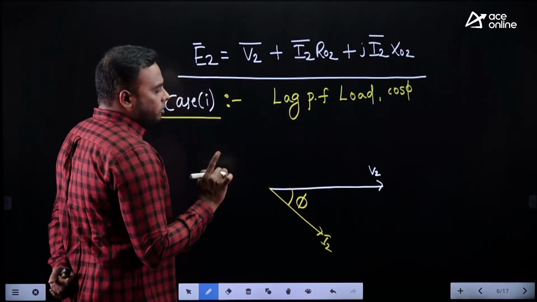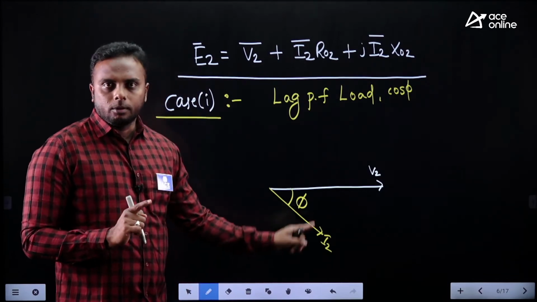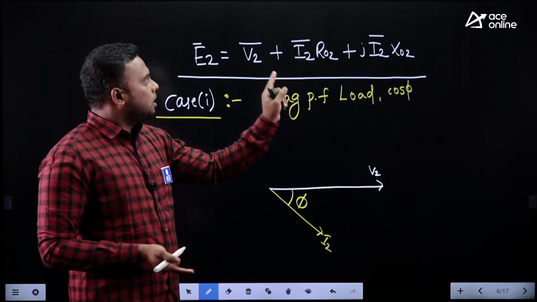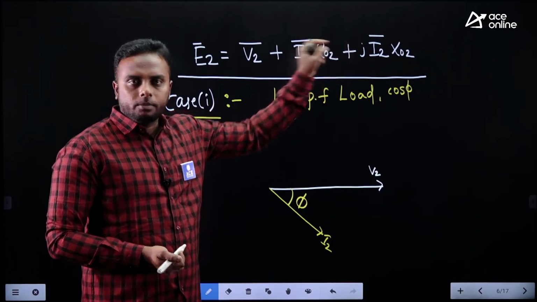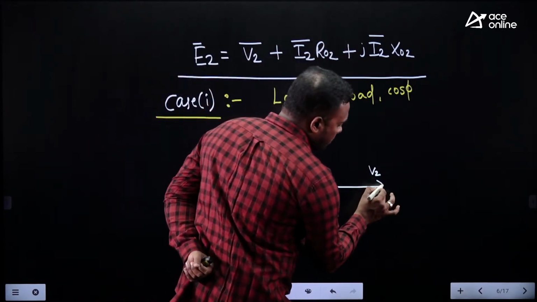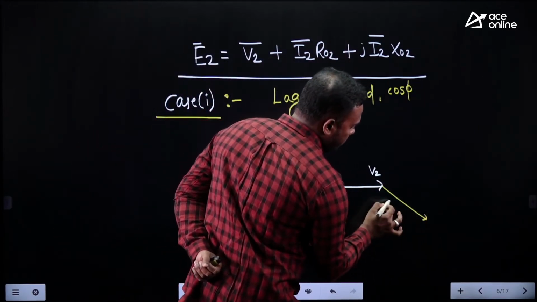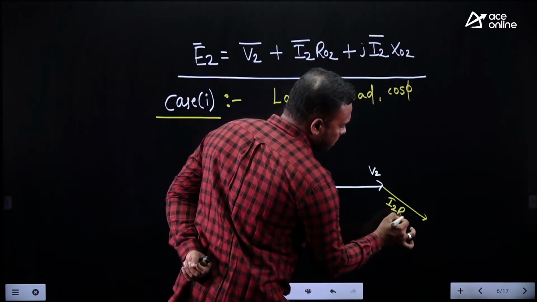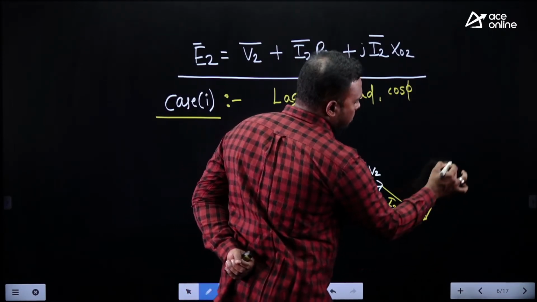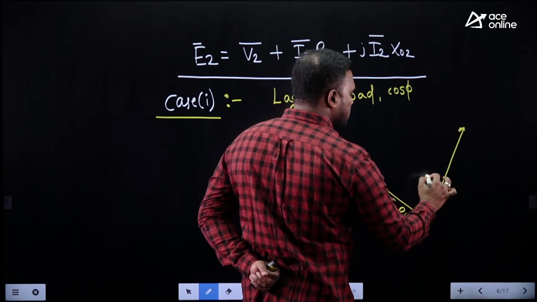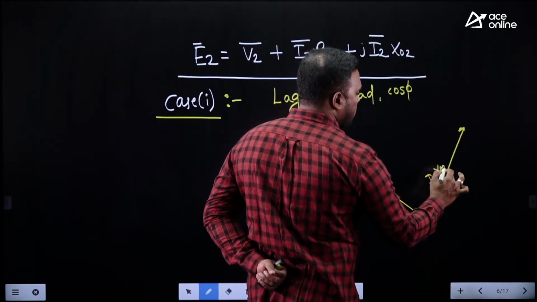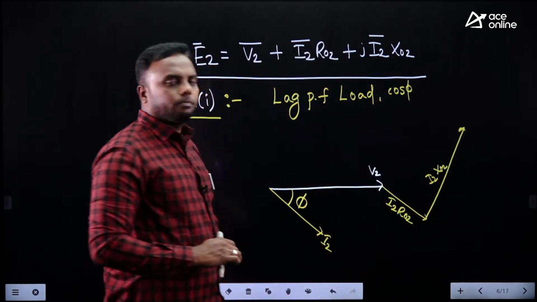Whenever there is load, as current is passing, drops come into the picture: resistance drop and reactance drop. The resistance drop will be in phase with the current. This is the I2R02 drop. And the reactance drop is always perpendicular to the resistance drop.